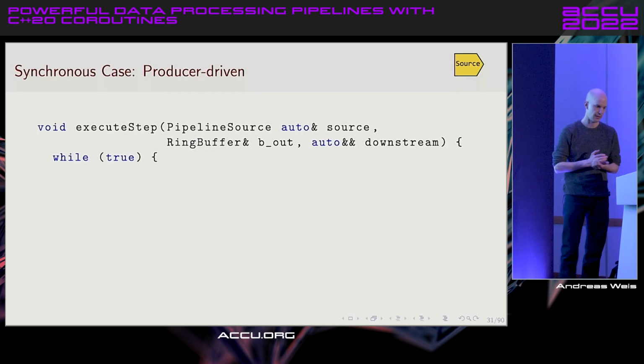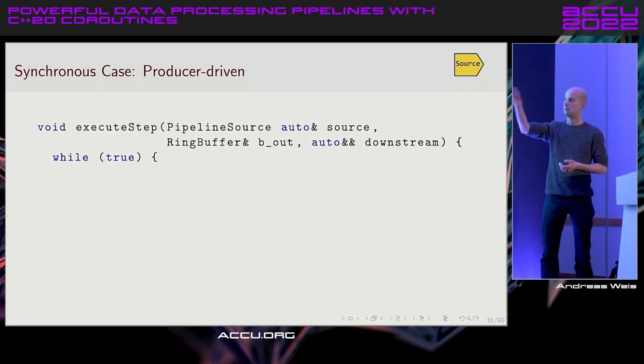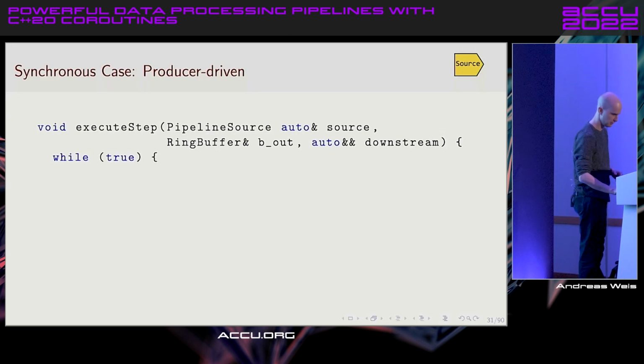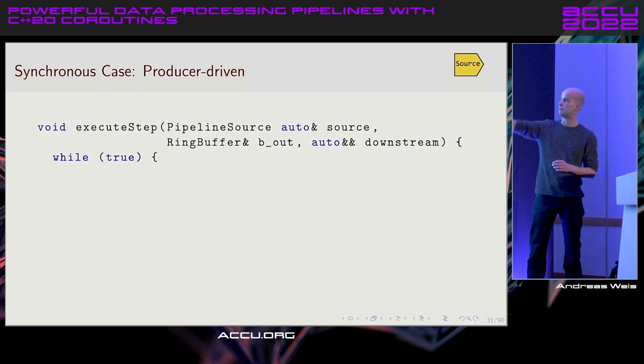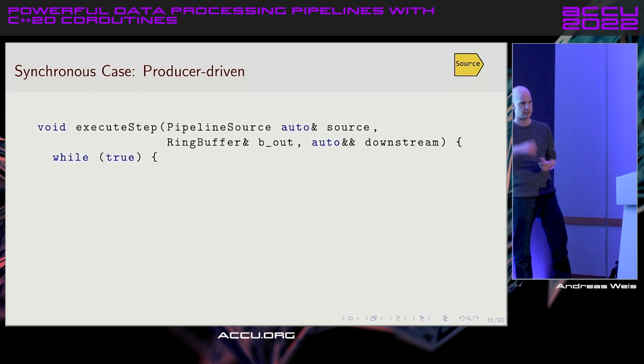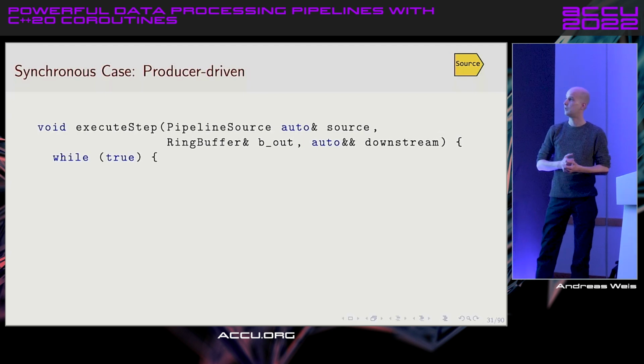So if I'm going to implement this, I will write an execute step function for each of the different stages. I'll start with the source. You may notice these are now template functions using the concepts that we defined in the beginning. I'm using the shorthand syntax now.